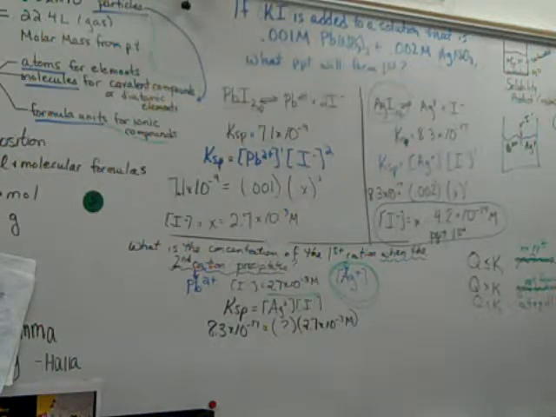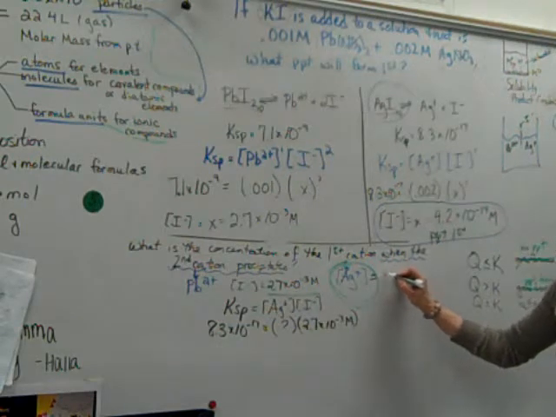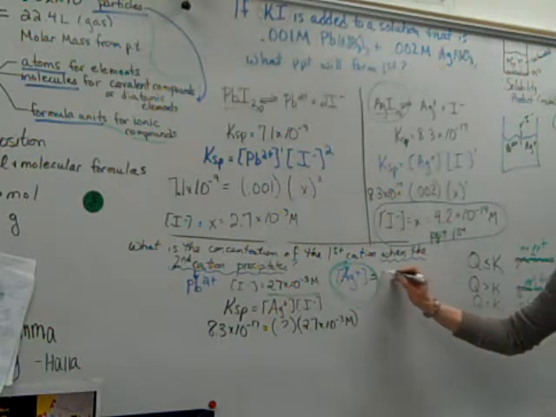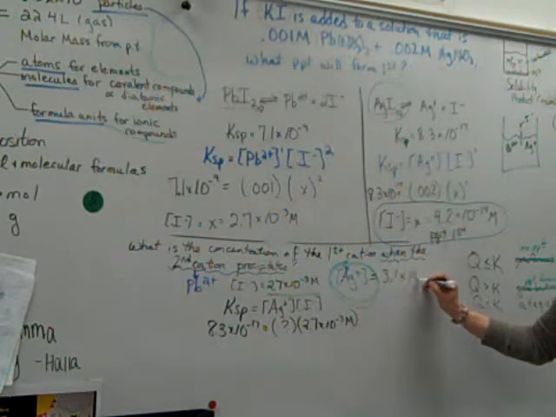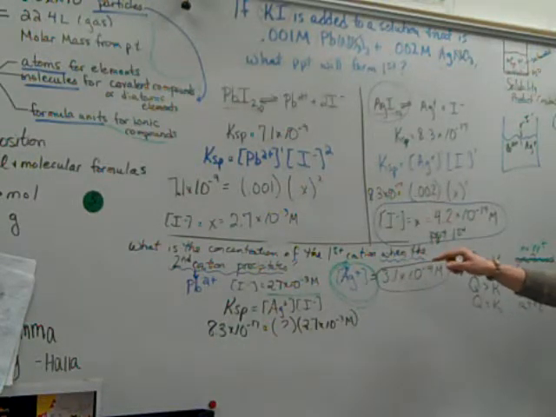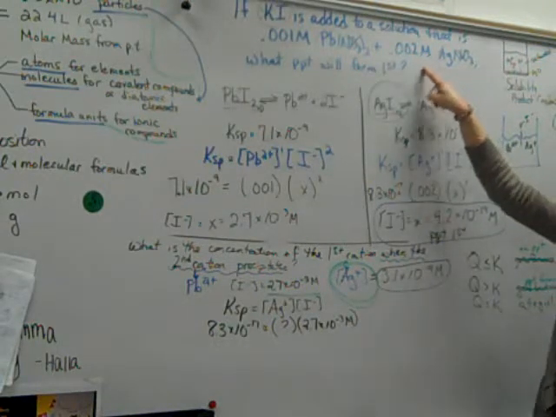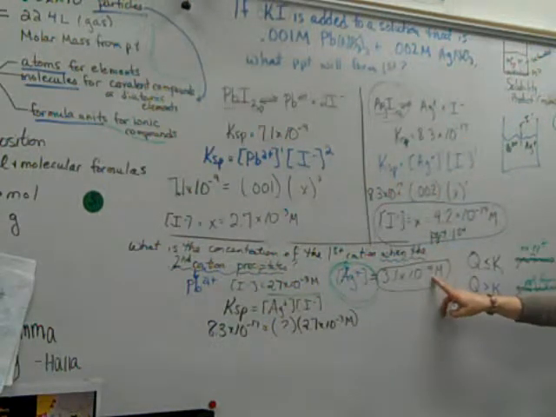You get silver equals 3.1 times 10 to the negative 14. Wow. So it started at 0.002 and went all the way down to 3.1 times 10 to the negative 14. That's huge. Okay? So this is the answer to how much is left.